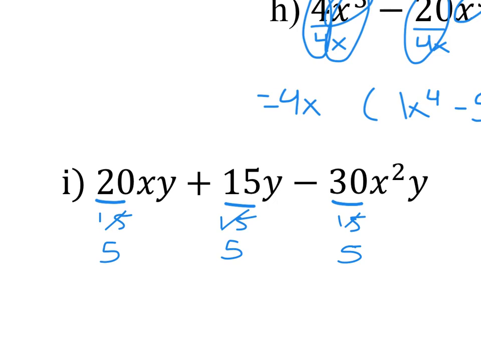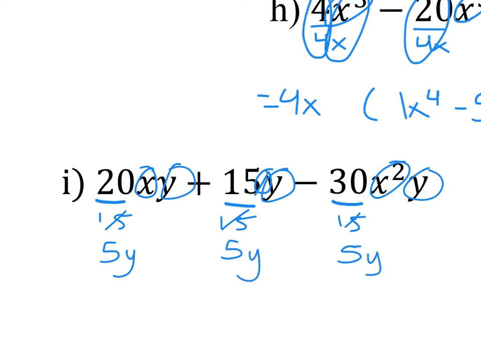So now I'm going to look at the letters, the variables. 1x, no x, 2x's. So can you take away an x? Absolutely not, because there's no x with that 15. Can't give you any x's. 1y, 1y, 1y. They all have a y. So then I am going to take out a 5y.